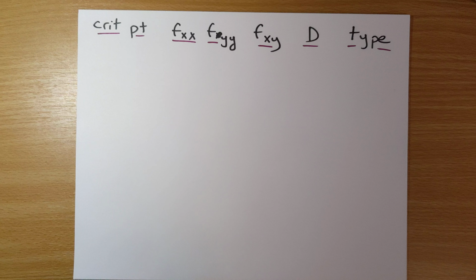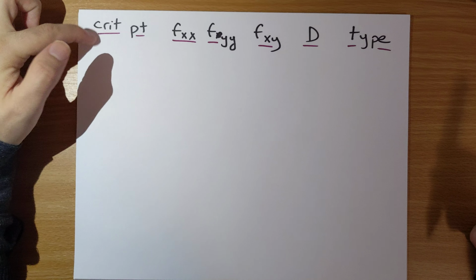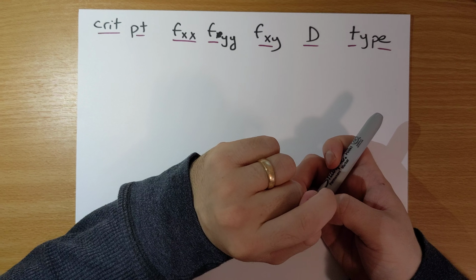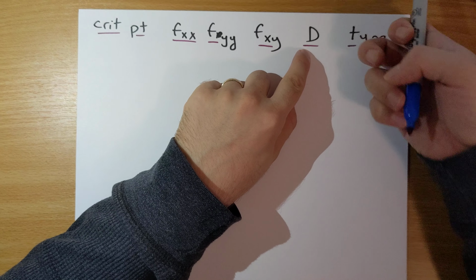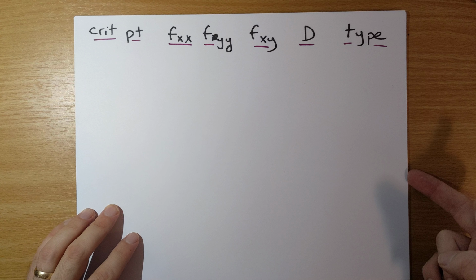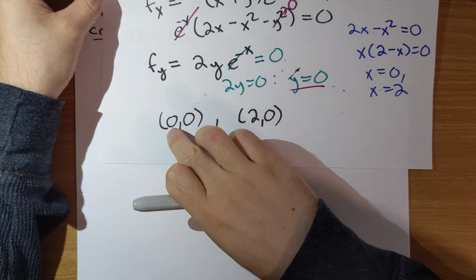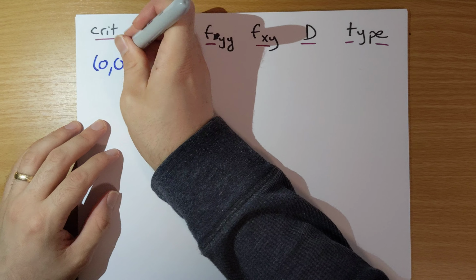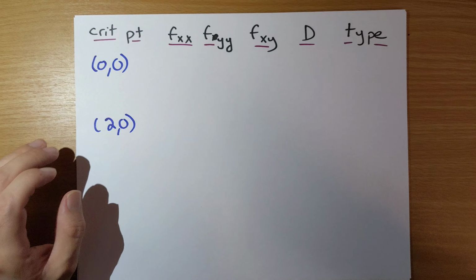So by this chart, what you do is that we're going to put down columns here for the critical point, the 3 second derivatives evaluated at those critical points, the discriminant, and then we conclude with our answer here, the type. So our critical points were (0, 0) and (2, 0). So let me put that into our chart, (0, 0) and (2, 0).